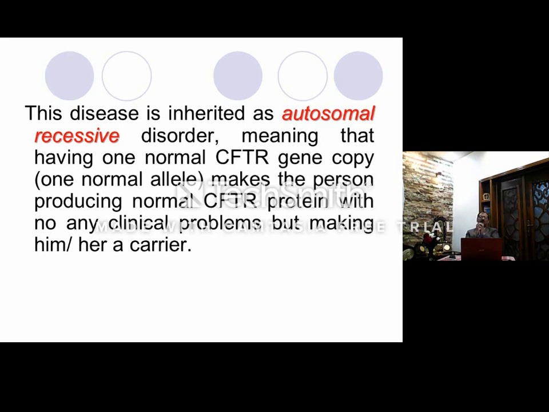This case is called a carrier. But when we say this is a patient, a case of cystic fibrosis with most of its presentations, this means that you have 2 copies of the defective gene. Otherwise, if you have only one normal and one abnormal copy, then you are a carrier, with no clinical manifestations of the disease.